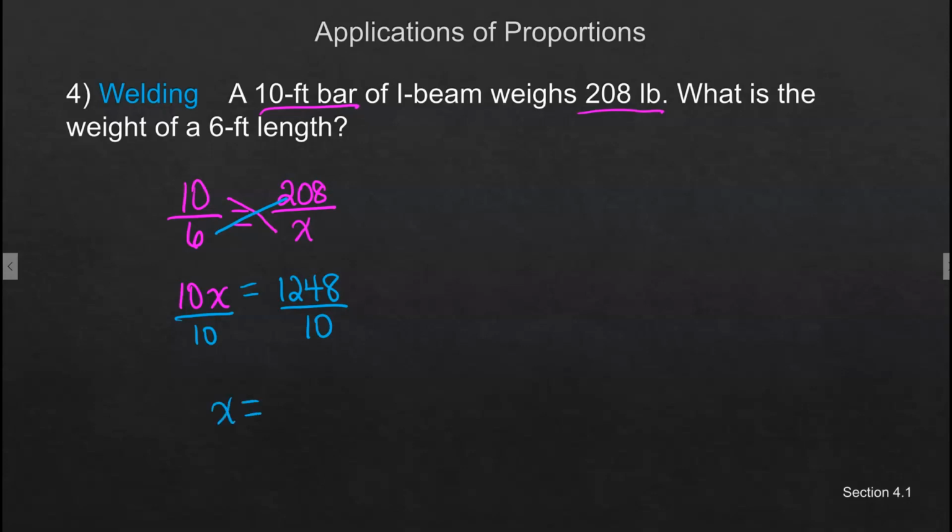And x is 124.8 pounds. Now, you always want to look back and say, did this make sense? Okay, my 10-foot was 208 pounds. Now I have a 6-foot, it's 124.8. That seems fairly reasonable, and so we can go with that.